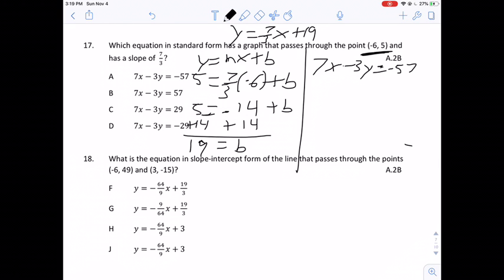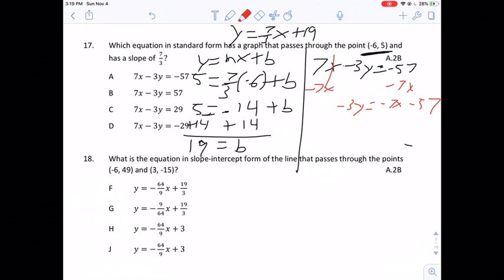So what do I want to do first? I want to subtract 7x. That goes away, and now I have negative 3y equals negative 7x minus 57.